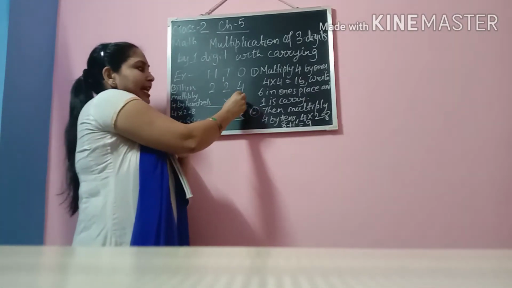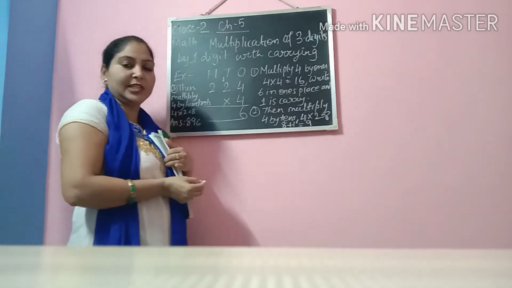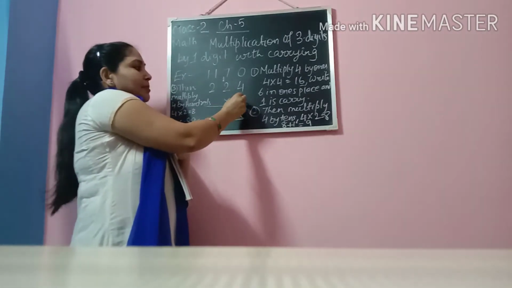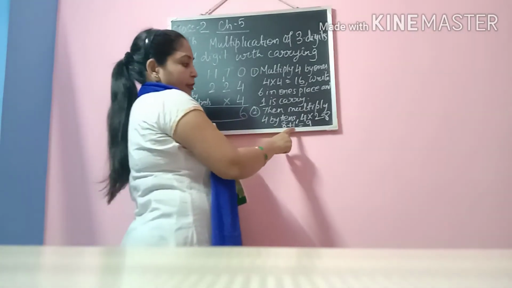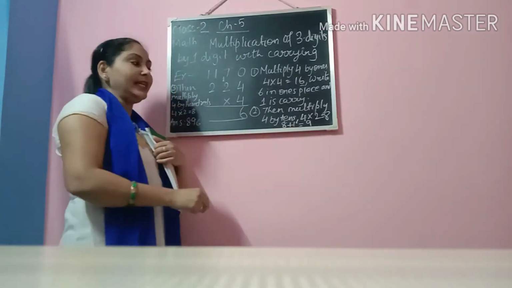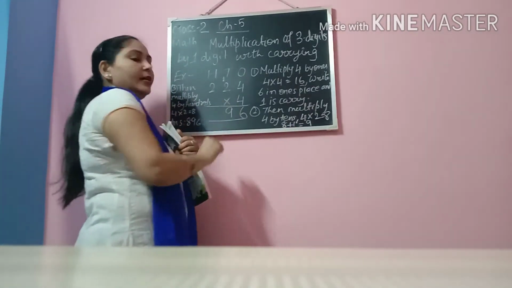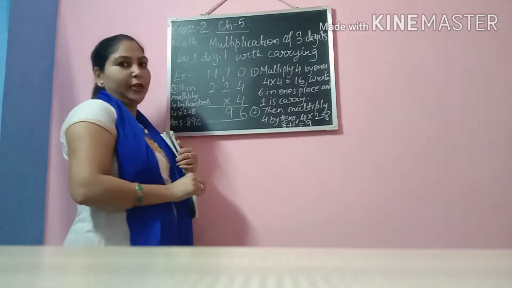First we will multiply 4 by the tens place. In the tens place, what is the digit? 2. So first we will multiply 4 into 2, and after that we will add the carryover. Okay, so 4 into 2 is 8 and 8 plus 1 is 9. Then the next place value is hundreds.